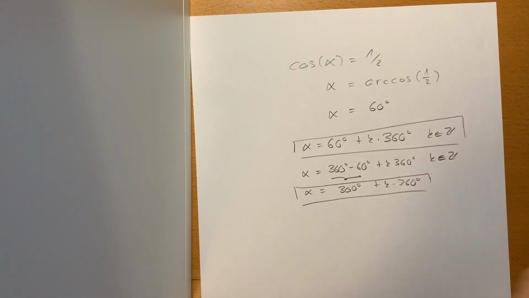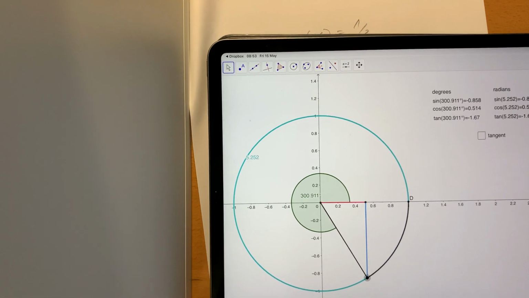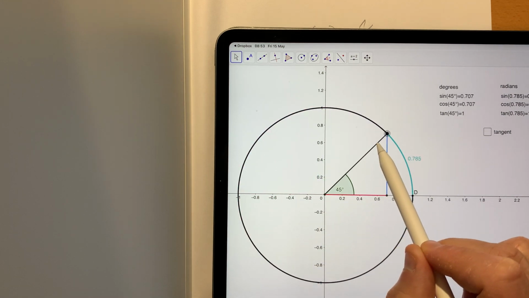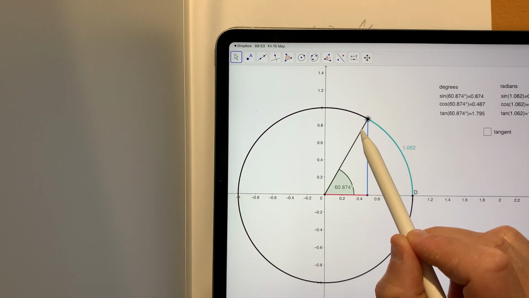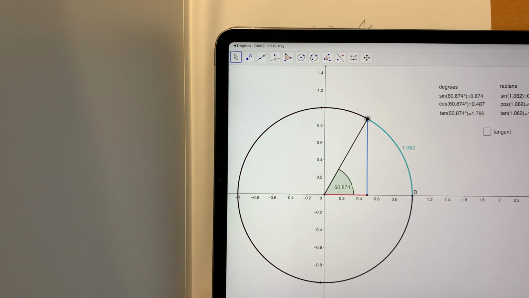Good. Let's have another look at GeoGebra. Here we go. 0.5, that's what we want. Cosine must be 0.5, and we've seen it's 0.5 at 60 degrees. Okay. And it is 0.5.